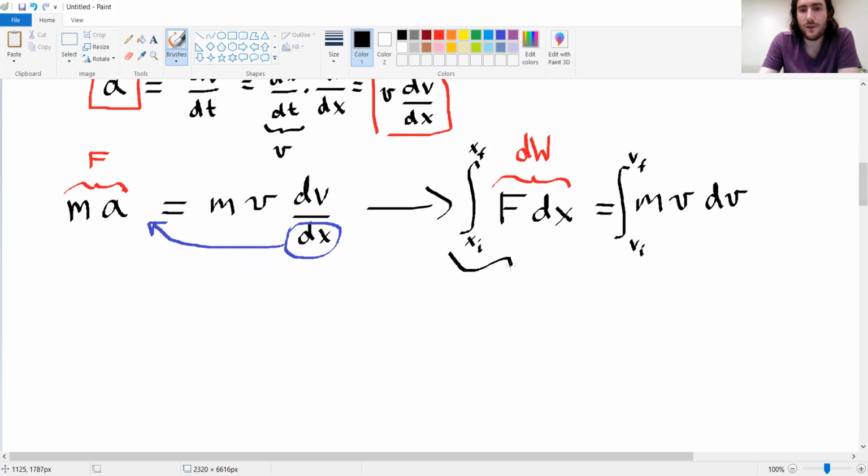Regardless of whatever this integral is equal to, we could calculate for a constant force if we assume F is constant. That doesn't matter. Whatever F is, if F is a variable force or if it's constant, the left-hand side is equal to the net work by definition.